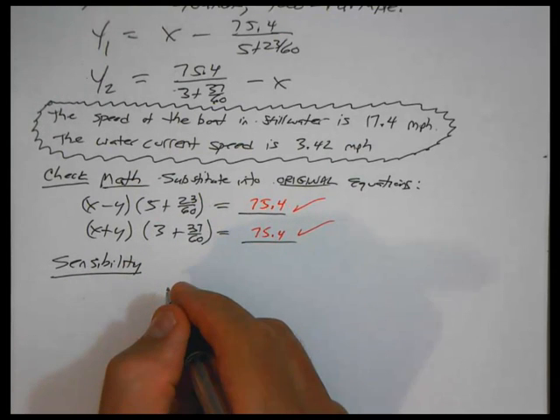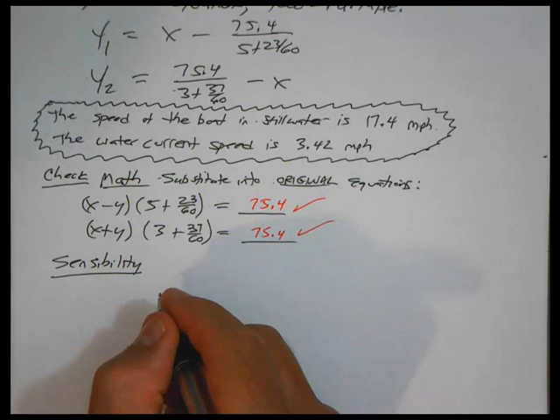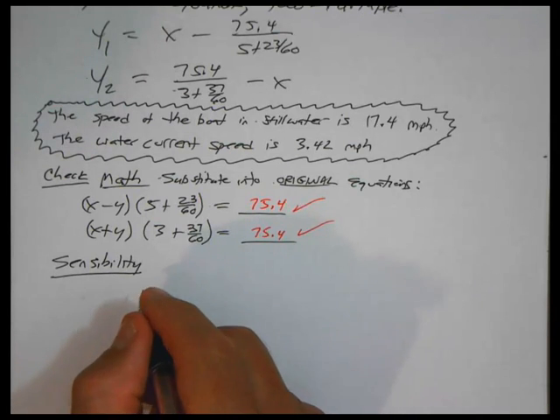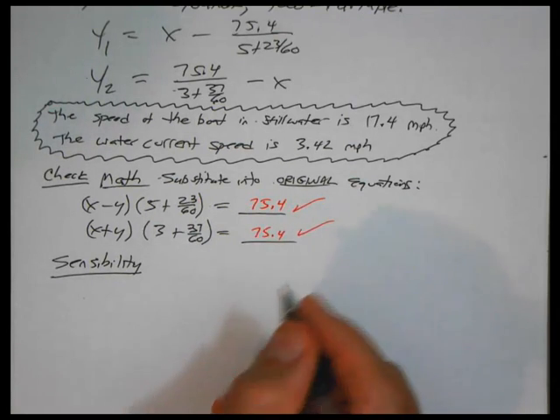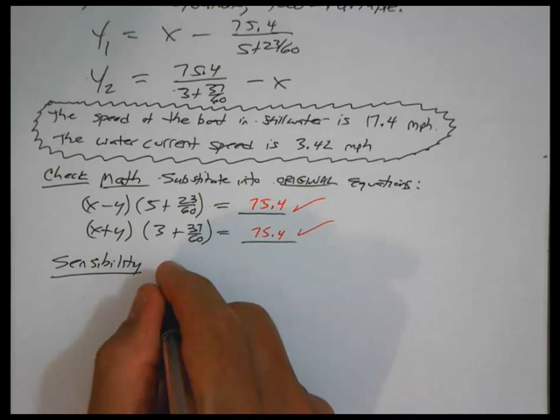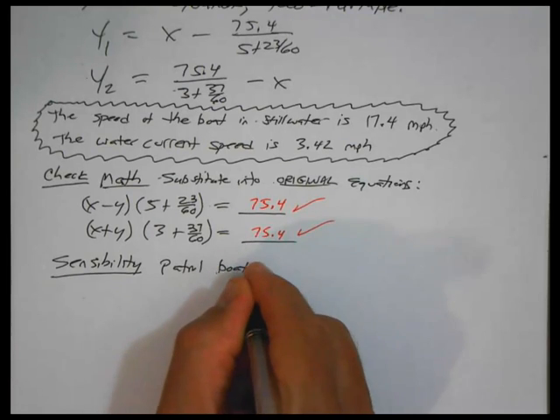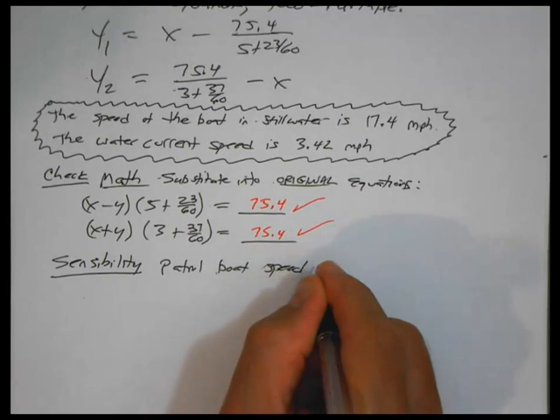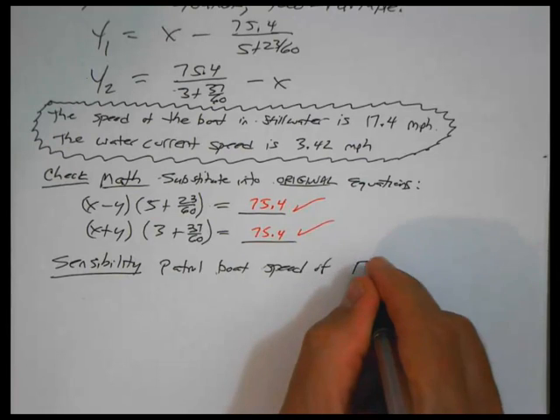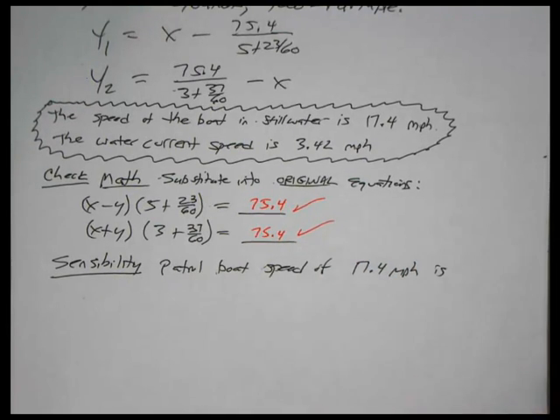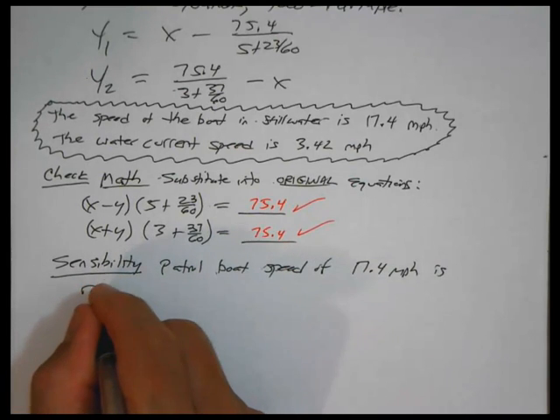Maybe here we could examine the kinds of numbers we got and see if these are consistent with real world boats and currents. For instance, this patrol boat speed of 17.4 miles per hour is reasonable.